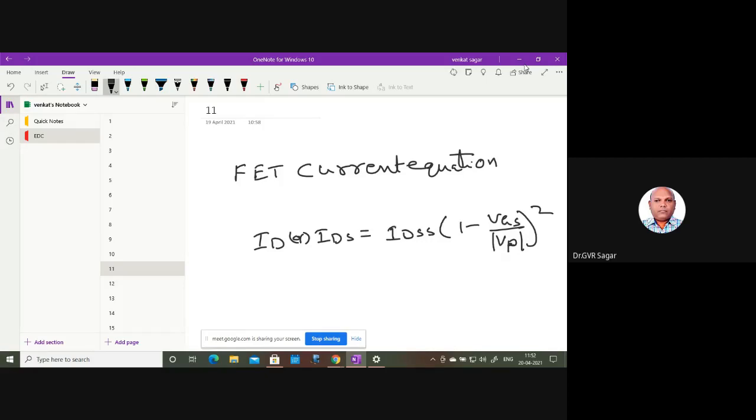Okay. This equation is applicable for all the FETs, not only JFET. You can apply for JFET, DMOS FET, and EMOS FET.